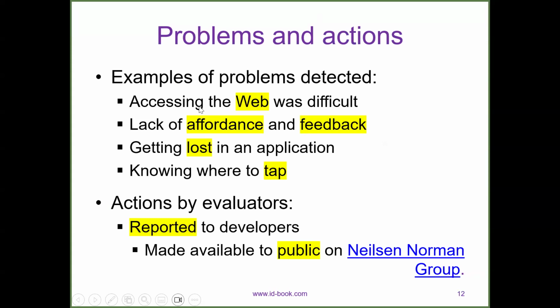They were not able to access the web pages very fast or efficiently. Lack of affordance and feedback. They didn't know the app's affordance. For example, where clicking on a button will take them, or whether the text is clickable or not. So they were not getting an understanding of affordance and feedback.